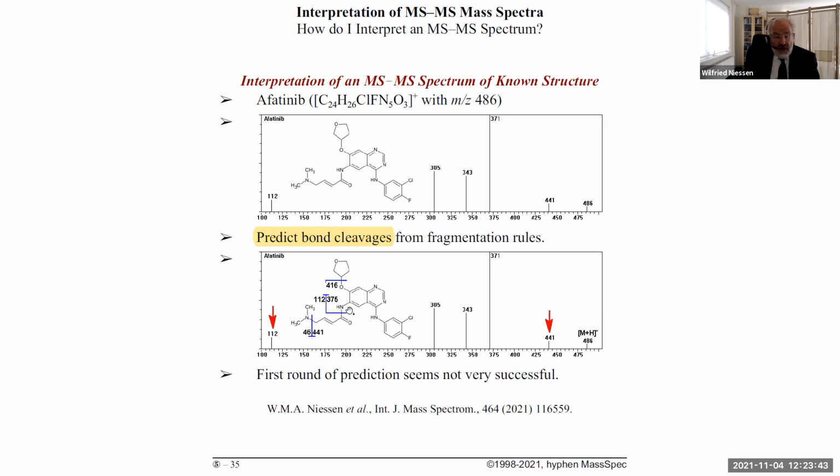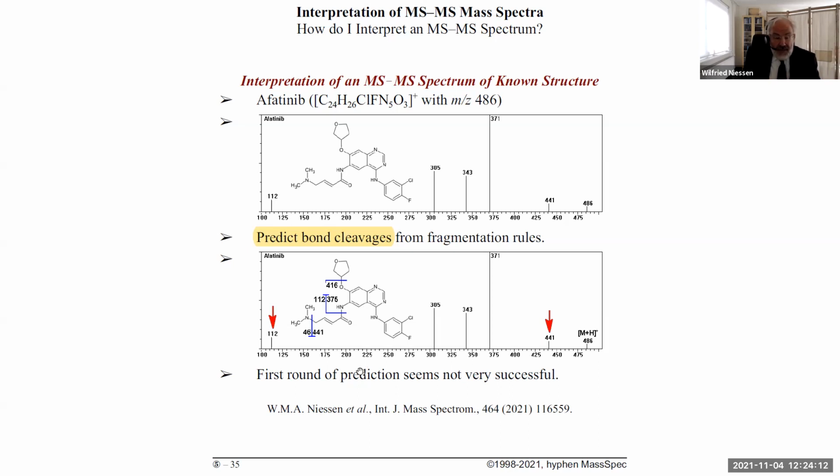I would have a cleavage of the amide bond with charge retention on either side, and I would have possibly cleavage of this CO bond with charge retention primarily at the bottom side. And if I do so, and I have calculated the M/Z values, I basically have explained only 2 out of the fragments which are there.